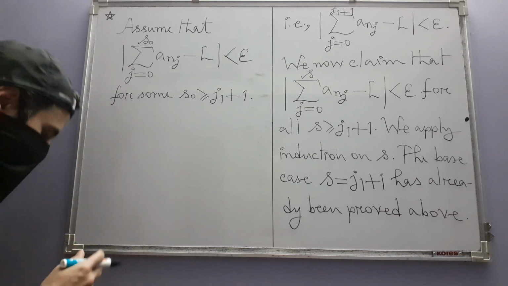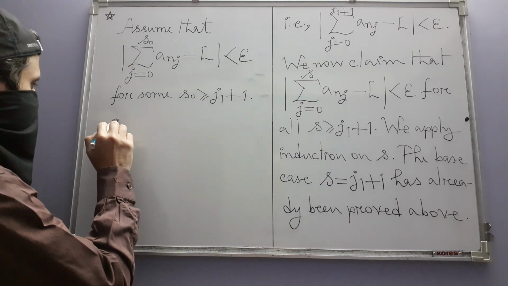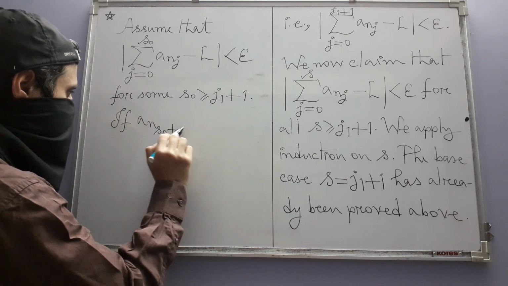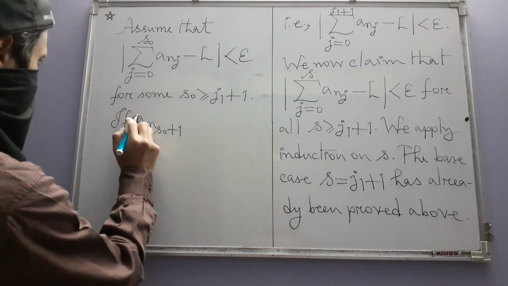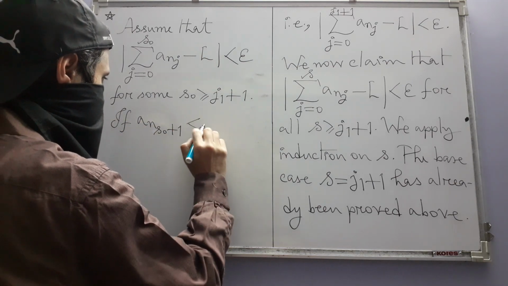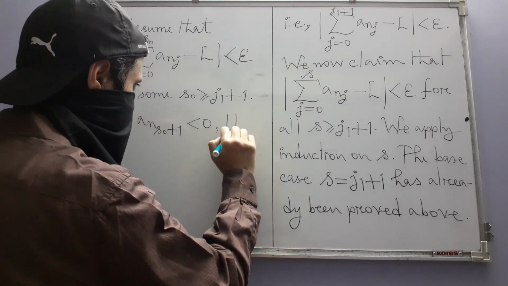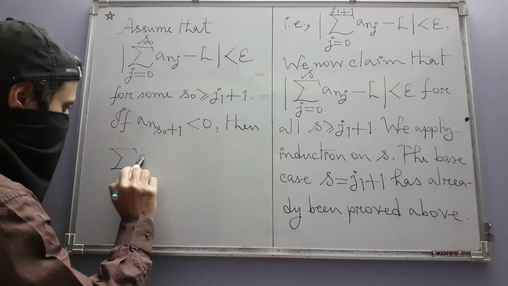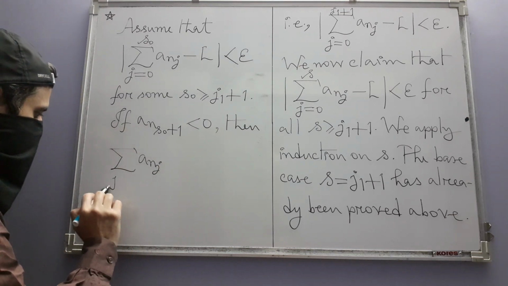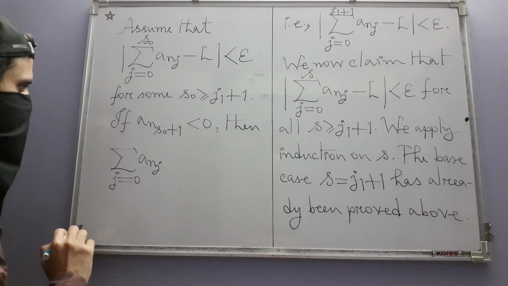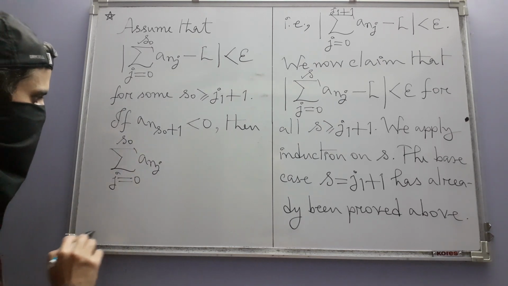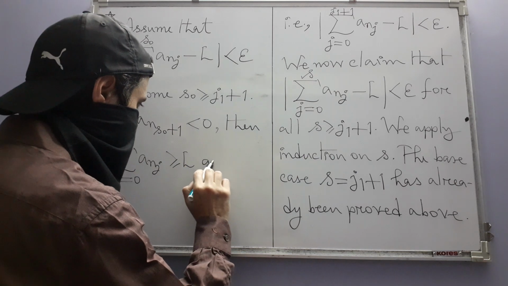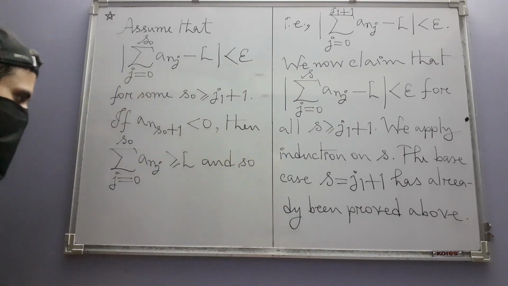Okay, so the argument now goes like this. If a n S naught plus 1, if this term is less than 0, then the summation of a n j, where j varies from 0 to S naught, must be greater than or equal to L, and so we have some inequalities.